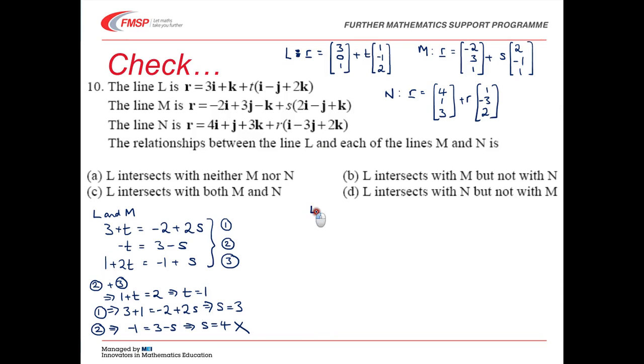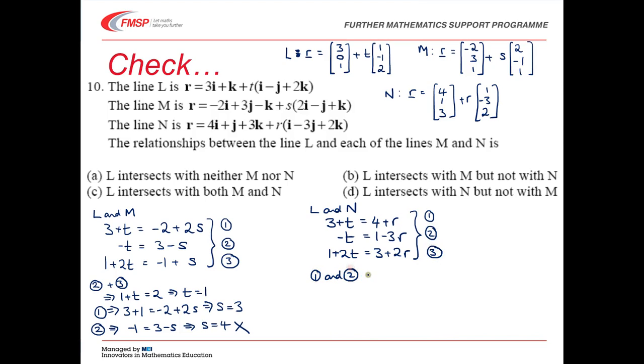Then I need to check L and N, and that gives me 3 plus t equals 4 plus r, minus t equals 1 minus 3r, 1 plus 2t equals 3 plus 2r. If I add now equations 1 and 2, that gives me that 3 is equal to 5 minus 2r, which tells me that r is equal to 1.